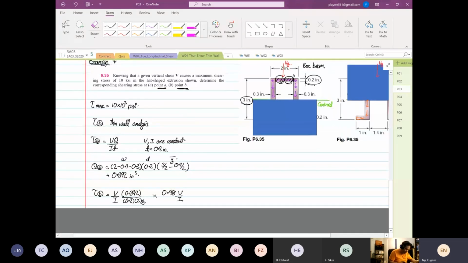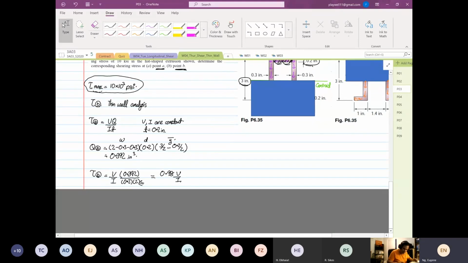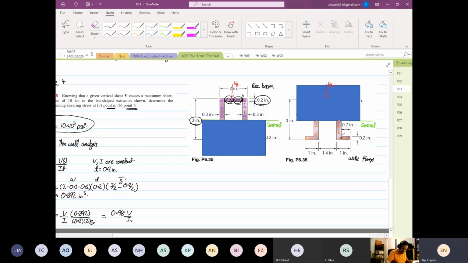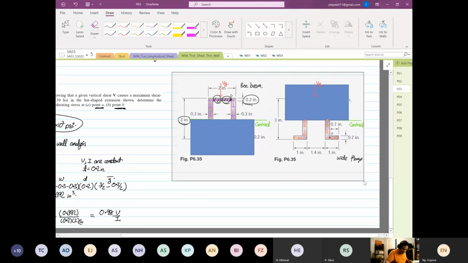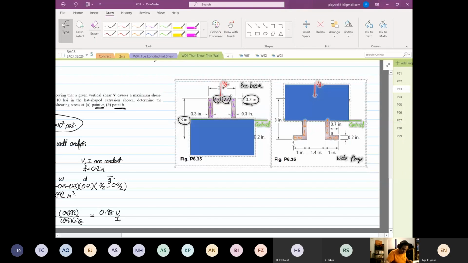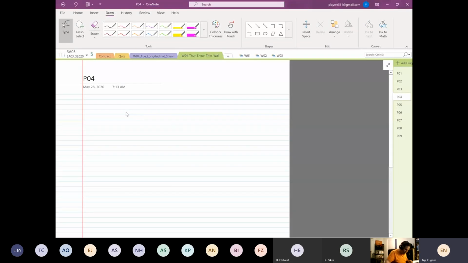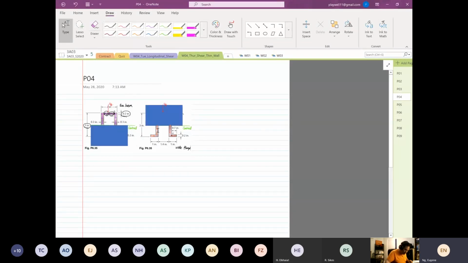Now, we are given that tau max is equal to 0.3, right? We are given that tau max is good. So the next one we want to find, I'm going to copy the whole thing again. So either thin wall or thick wall, right?